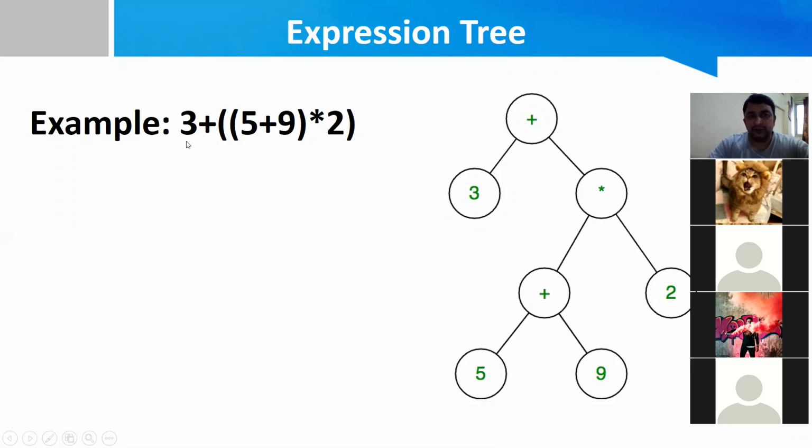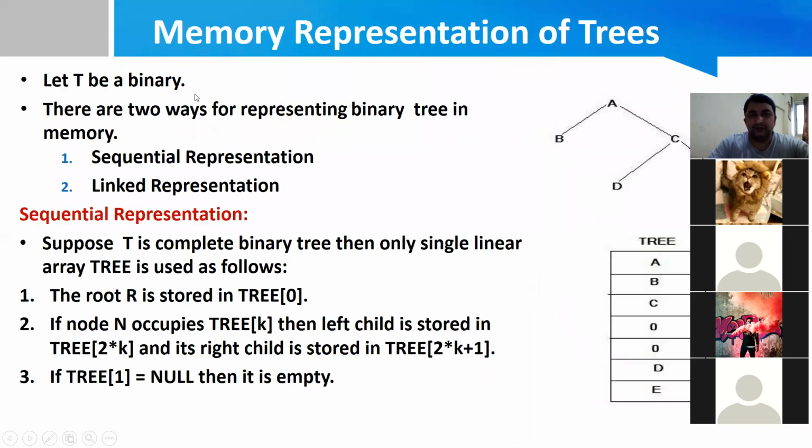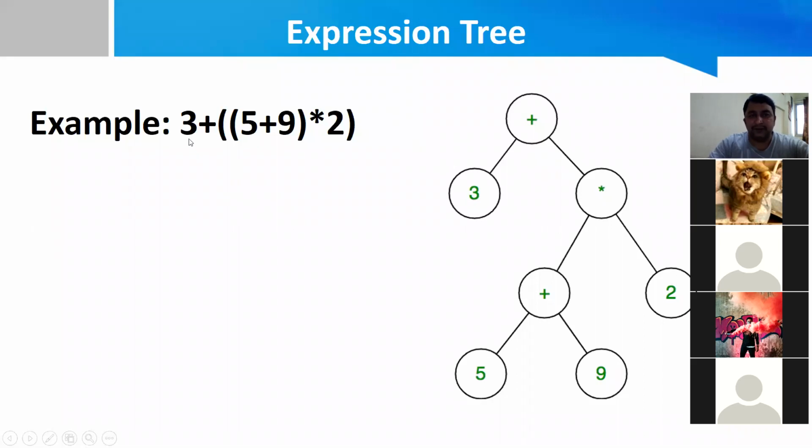Here you can separate two things. One is 3 and this, right? So the left hand side of this operator, 3, will be the left child node, and the right hand side of this operator is said to be the right subtree. So the entire thing is left, that is 3, and this entire part is the right hand side. Over here the star, multiplication, is the major operator, and its left hand side will be considered as the left subtree, and this 2 is considered as the right subtree, right?